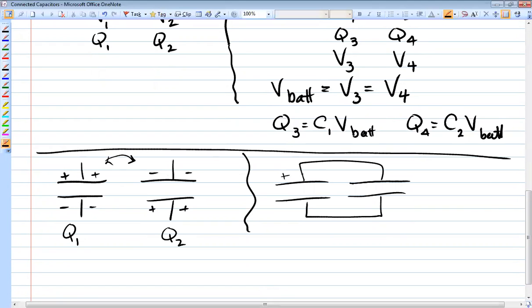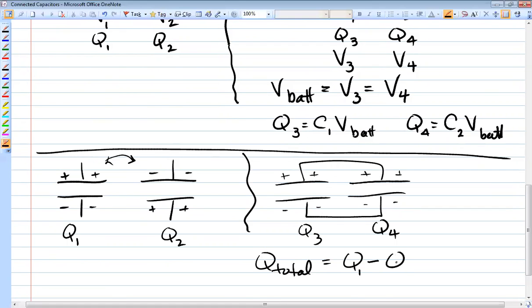What will happen is, remember these are in parallel, so they have to have the same potential top plate and bottom plate. But now this will have Q3, this will have Q4. The total will be the difference of Q1 and Q2 because it's plus to minus. So total charge is conserved, there's no battery, and will be Q1 minus Q2.